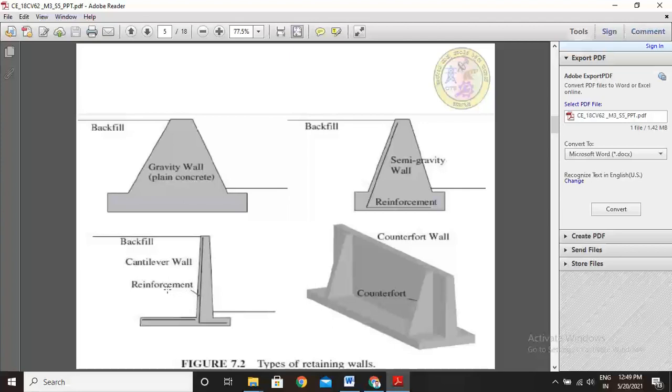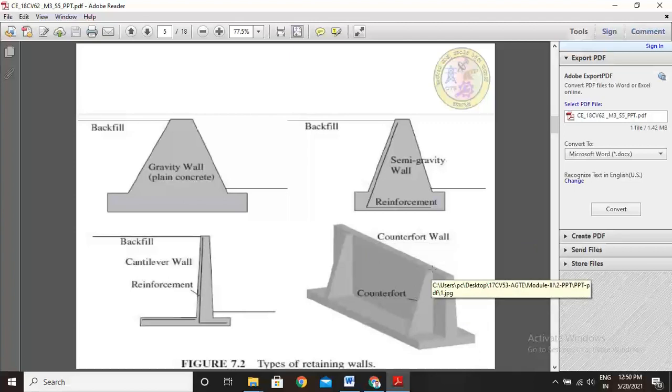This is called the counterfort wall, and this is called the counterfort.